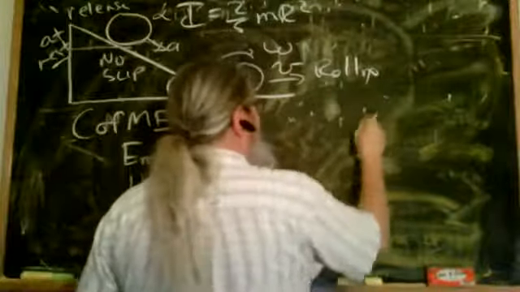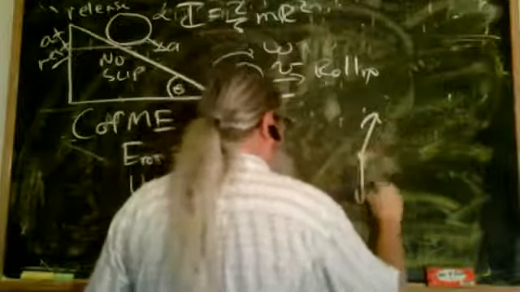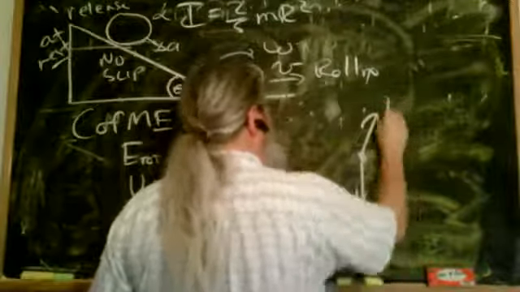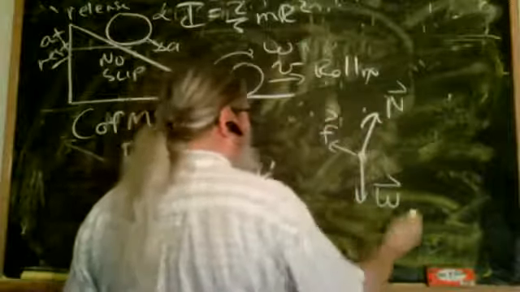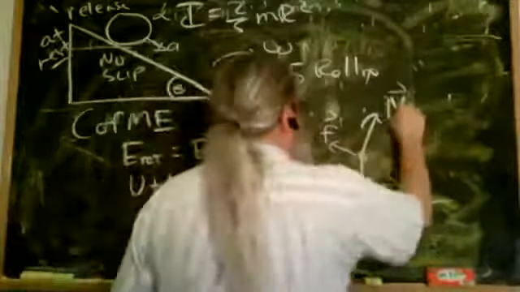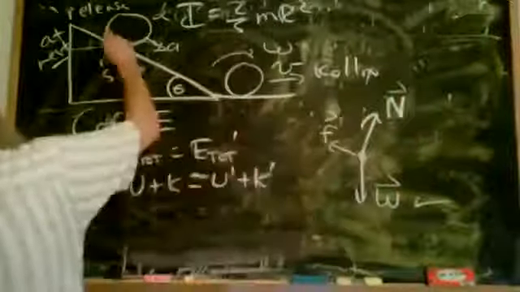That would be wonderful, except for this annoying fact: what about the forces? We have the weight, the normal, and the friction. The weight is conservative. Yay, it means we can use this, at least so far. The normal force is not conservative, but it does no work because the normal force is always perpendicular to the direction of the motion, the path.